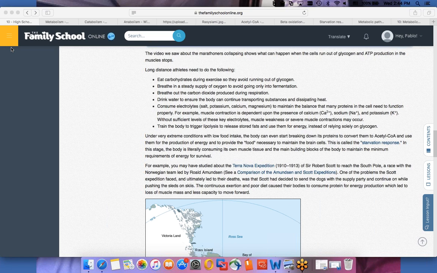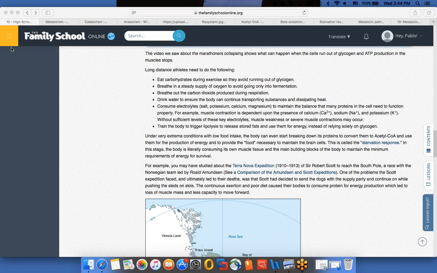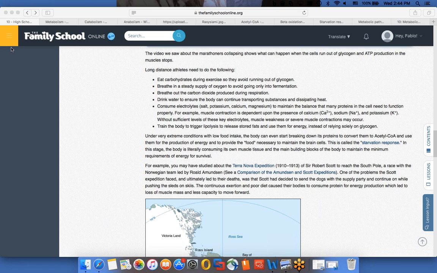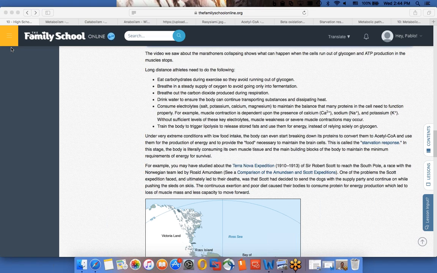It's an awful feeling. You really feel disoriented, and you feel like your whole body is shutting down, because it is shutting down. Even though you want to continue running or moving, you can't.